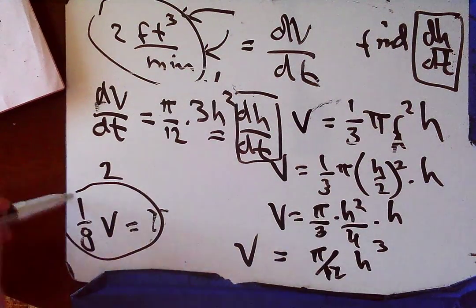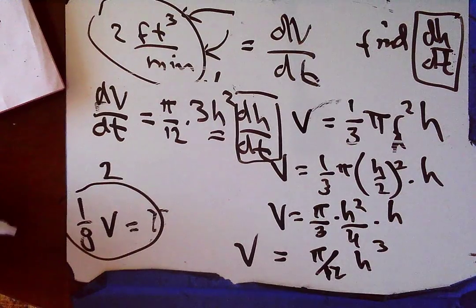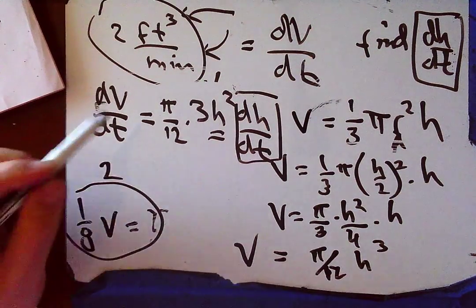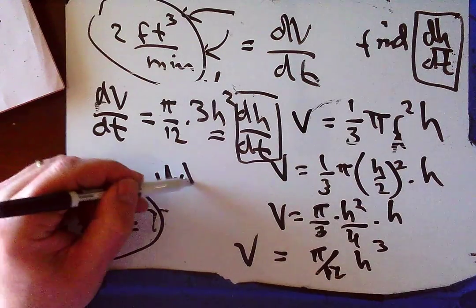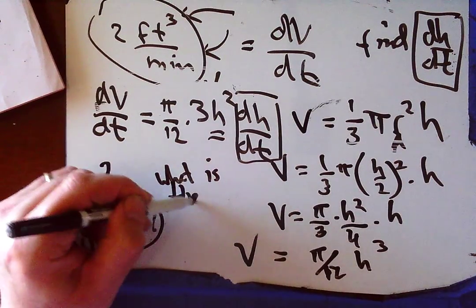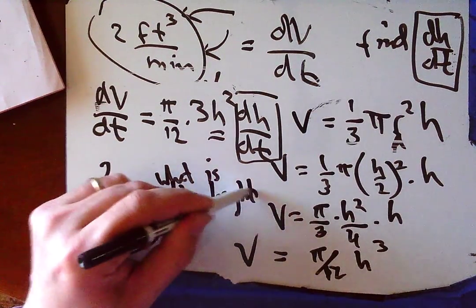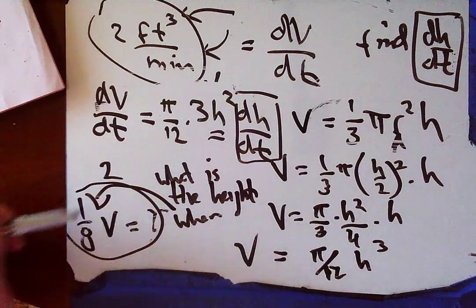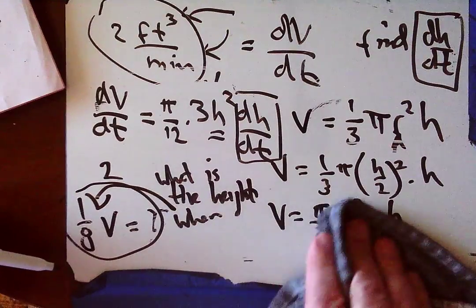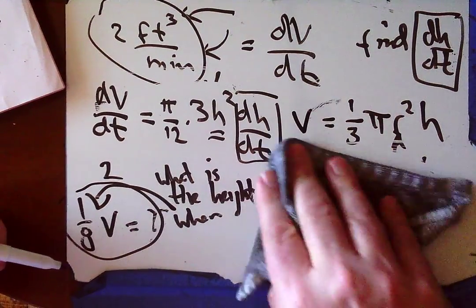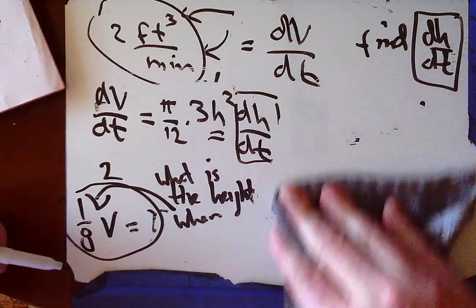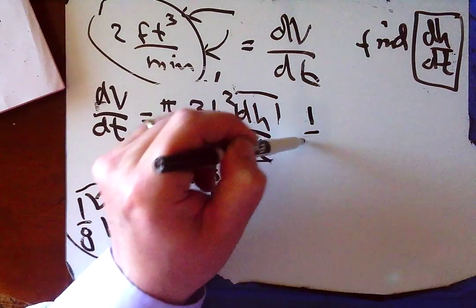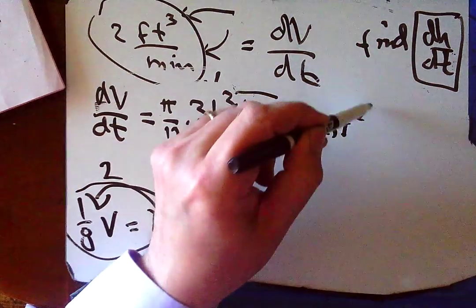And that's why this is important. Okay? I want to know when. I want to know what is the height when we have 1/8 the volume. Okay, so let's see what we can do about that. We want to know if volume is 1/3 pi r squared h.